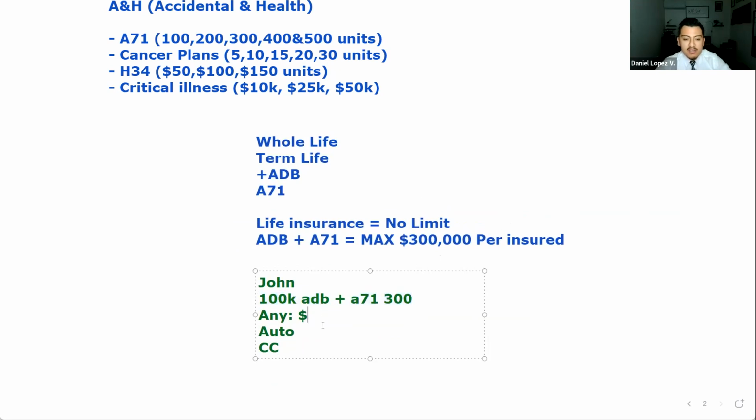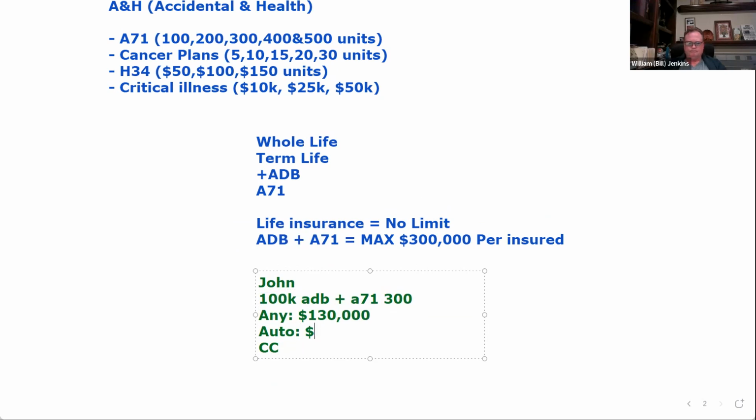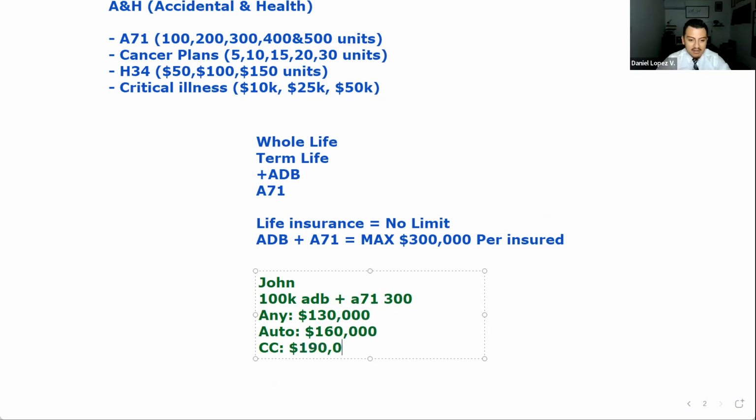What do you get, Charles? He gets 130. Automobile, 160. Common carrier, 190. So he's covered for 190,000.